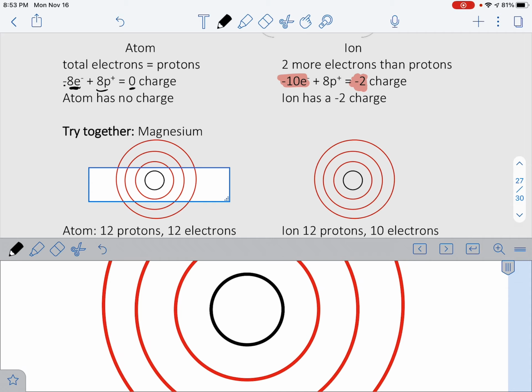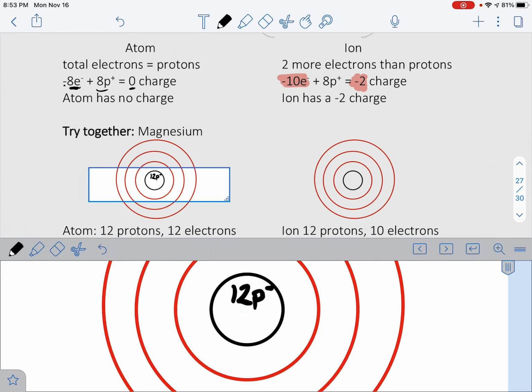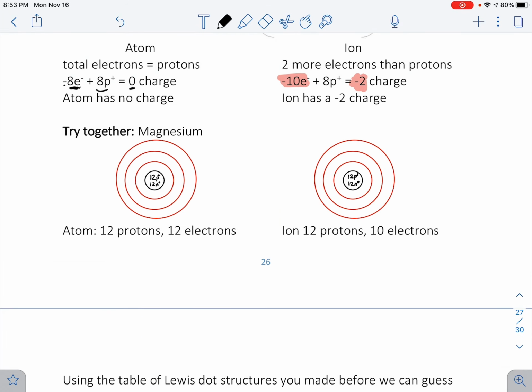The number of protons can't change because the element's nature is determined by the number of protons. Usually it has 12 neutrons, which doesn't matter so much here because neutrons don't contribute charge. So we have 12 protons in both of our atoms because both atoms are magnesium.